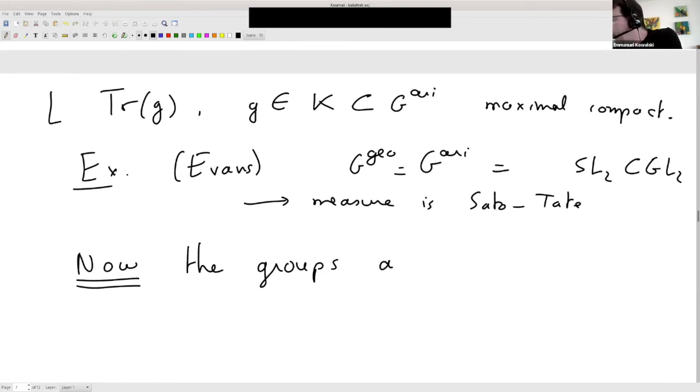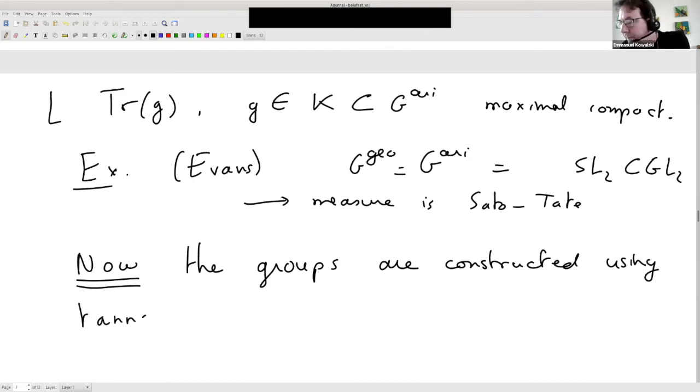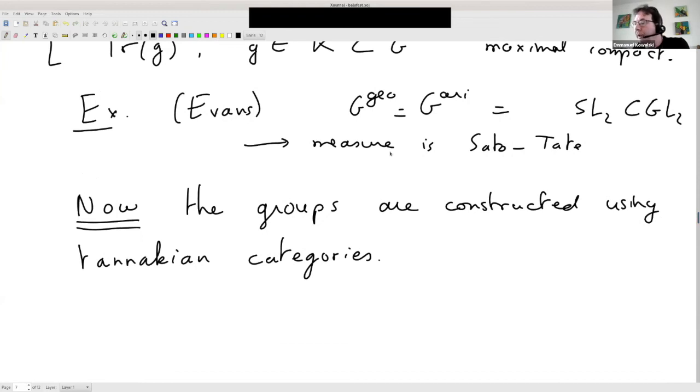The groups are constructed using Tannakian categories. An extraordinarily abstract kind of tool turns out to be the right way to construct the group and then to deduce the equidistribution.